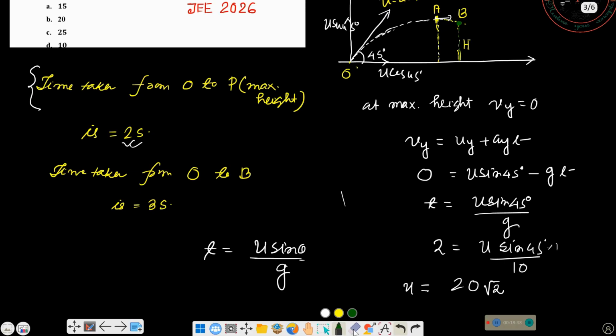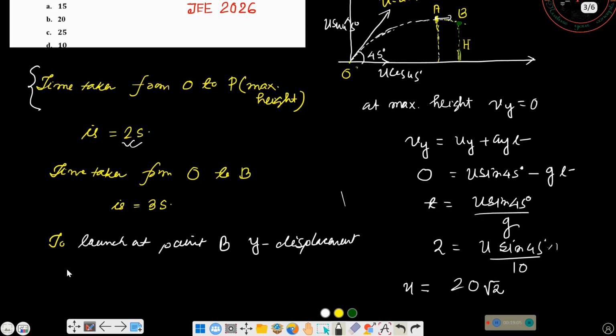To land at point B, the y displacement or the vertical displacement is h, and the time taken to reach this vertical displacement is 3 seconds as given.